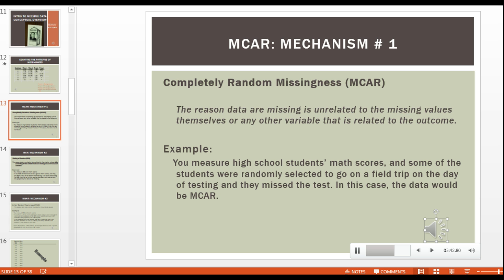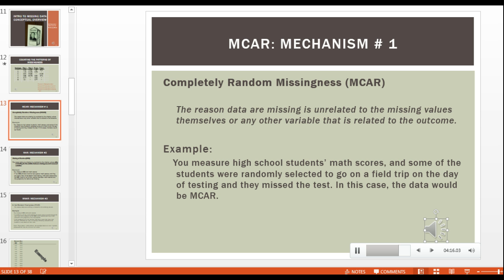That is an example of the opposite of MCAR. MCAR means that the reason for the missingness is not correlated with anything. So it's completely random. You can't predict it, which is the definition of random. Random means that we cannot predict the values. So the reason the data are missing is completely random with respect to all variables related to the outcome or the missing values themselves.